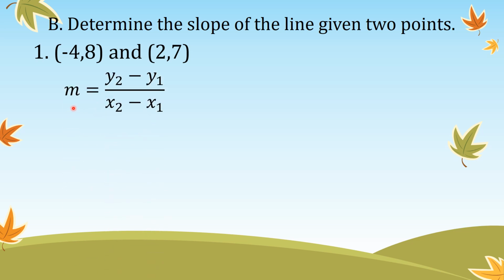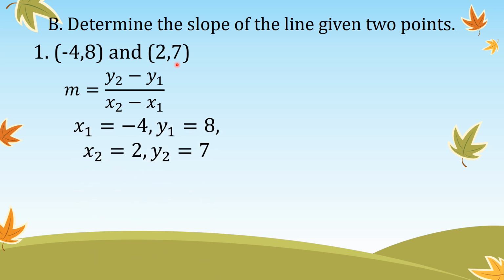So, m is equal to y sub 2 minus y sub 1 all over x sub 2 minus x sub 1. So, dahil given tayo ng 2 points, so identify natin kung ano yung mga dapat nating i-substitute. Dahil ito ang unang ordered pair, ito ang x sub 1, ito ang y sub 1. Ito ang x sub 2, ito ang y sub 2. So, hindi dapat magkapalit. Lagi ang x, y, x, y.